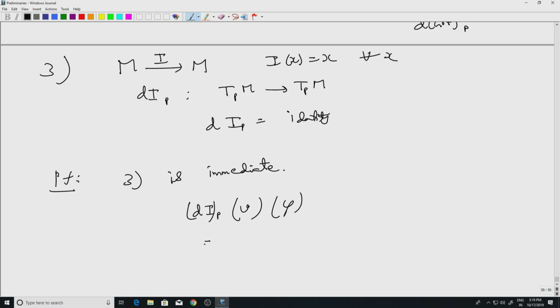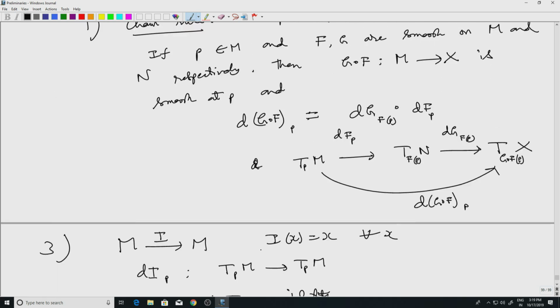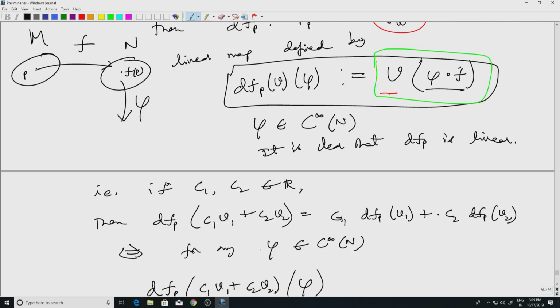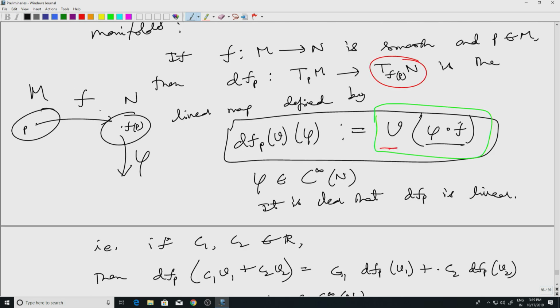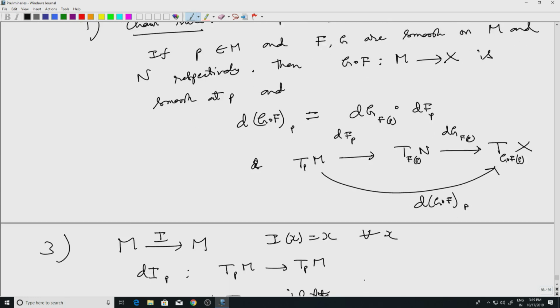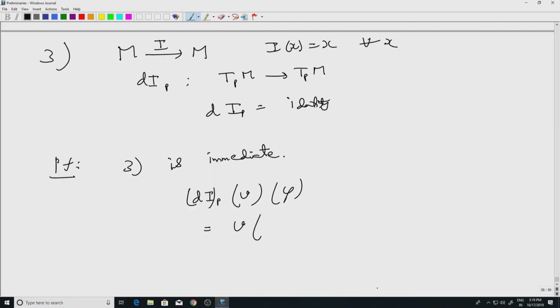By definition, this is V acting on phi composed with F. Here F is the identity for me, so phi composed with identity. Of course, anything composed with identity is itself, so I'll just get V acting on phi.